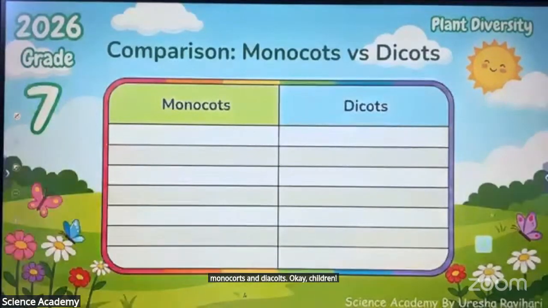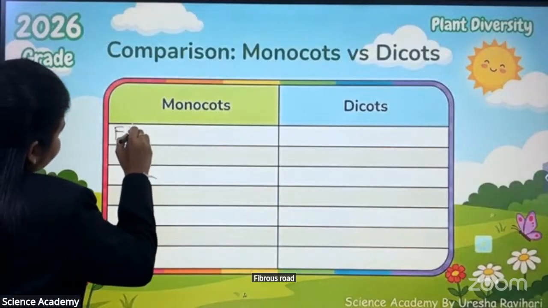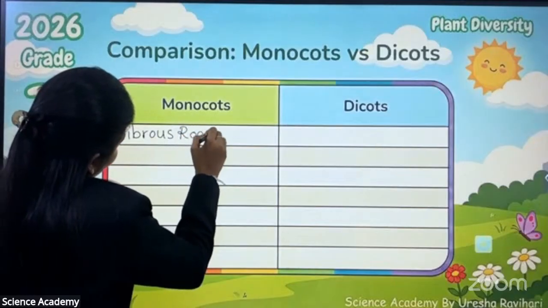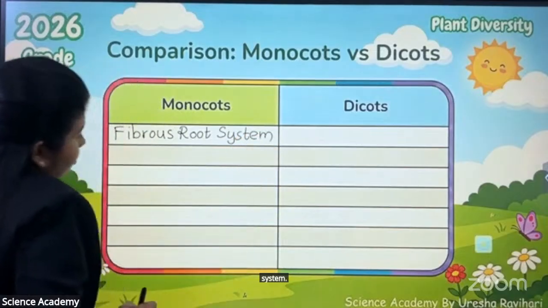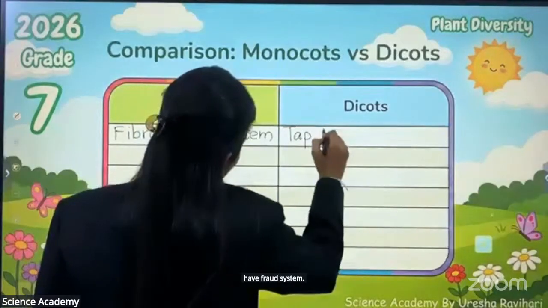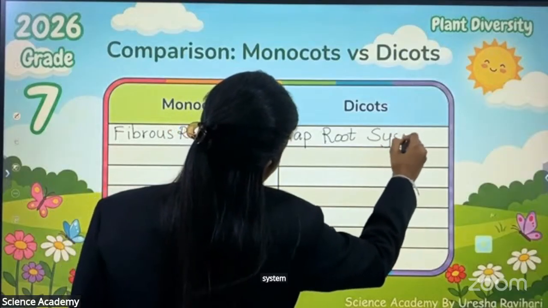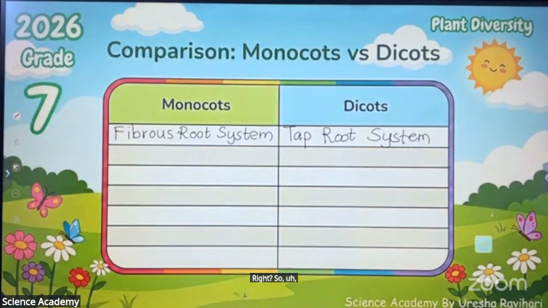Okay children? Right. So here on page number 19 I have mentioned, monocots have a fibrous root system. Dicots have a taproot system. Right? So what is the other feature children?